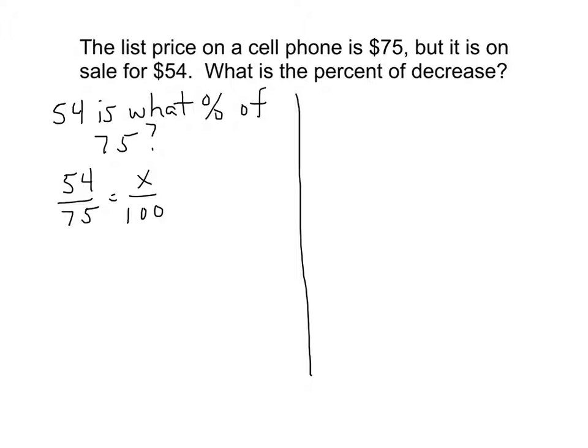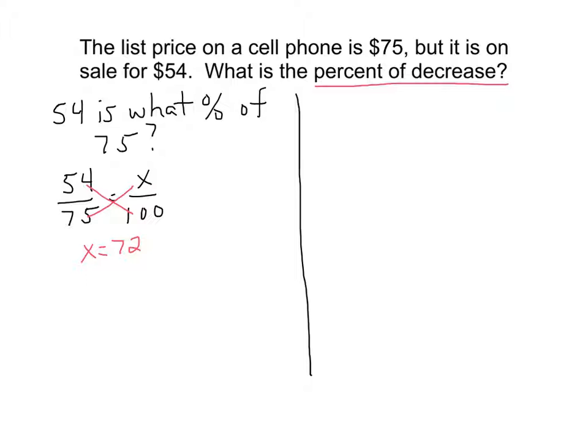Once again, if I cross-multiply and do my math, and I'm not going to go through the process right here, but if you do that, you should get x is equal to 72. So 72%. However, 72% is not the answer because I want the percent of decrease. 72% of $75 is the 54.